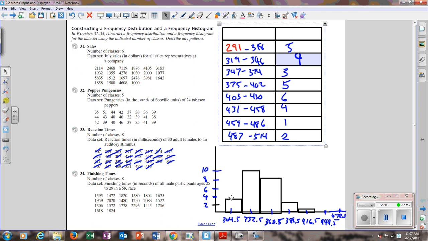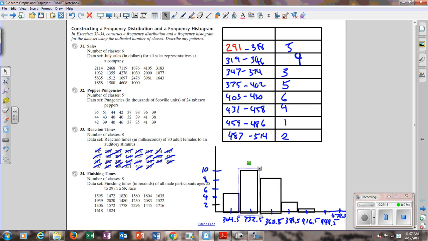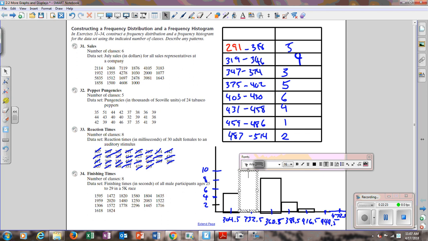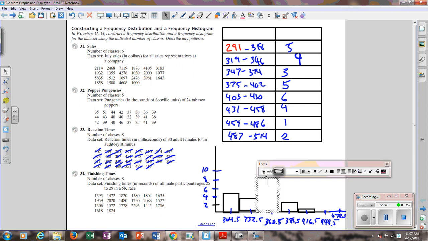Alright, when we graph it, it's going to be going up to 5. This one going to be down at 4. This one's going to be down at 3.